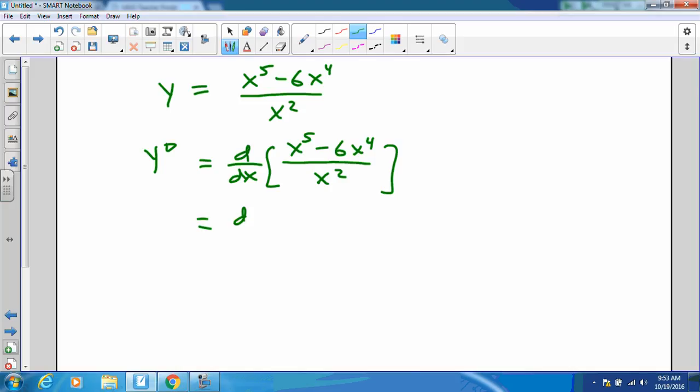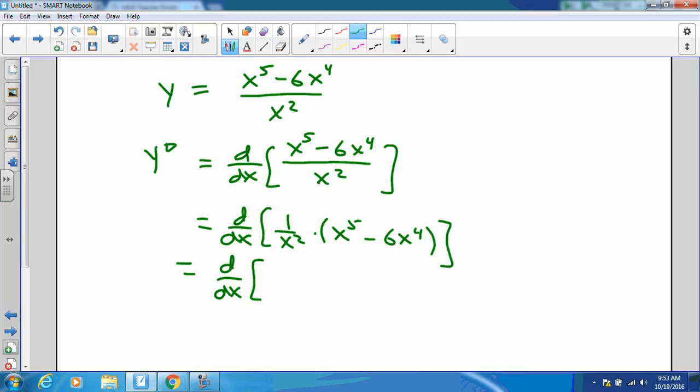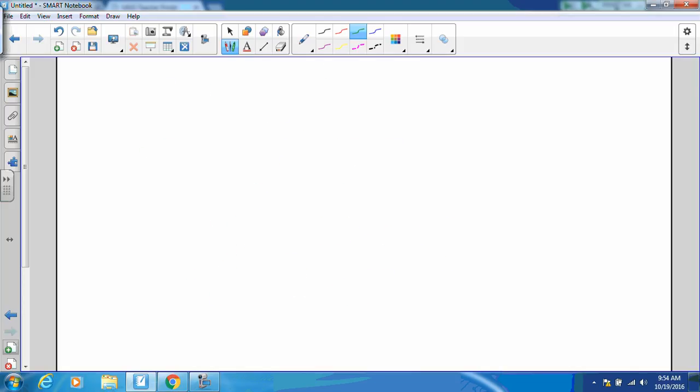That's my only hope. Good. That means using algebra to rewrite division as multiplying by the reciprocal, so that I can rewrite x to the 5th divided by x squared as x to the 3rd, minus x to the 4th divided by x squared, which is x squared, and now I can take the derivative of this.